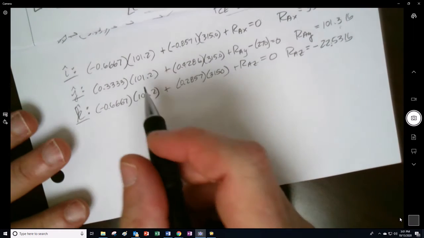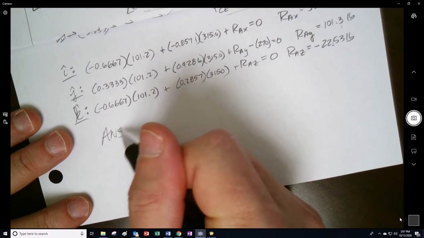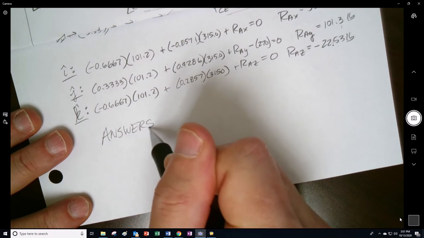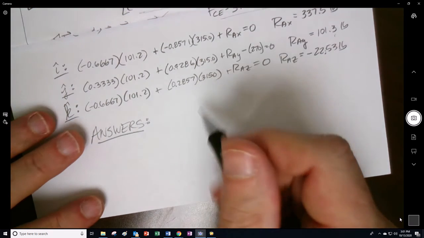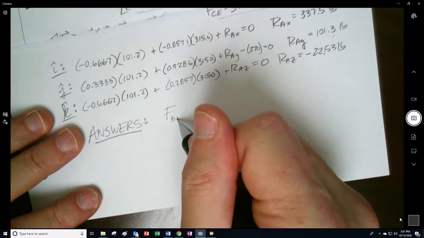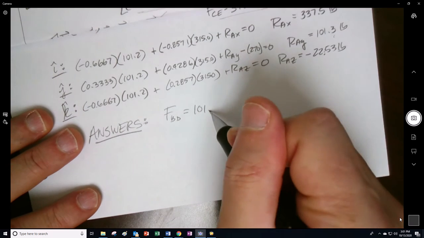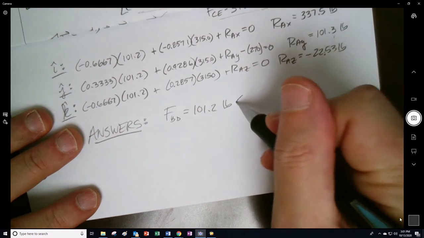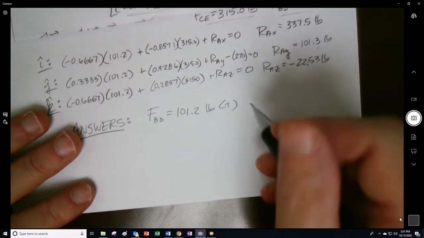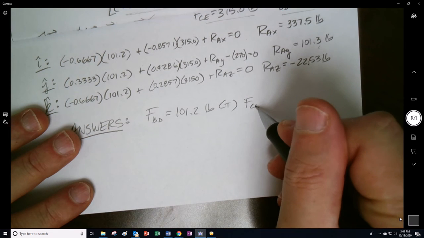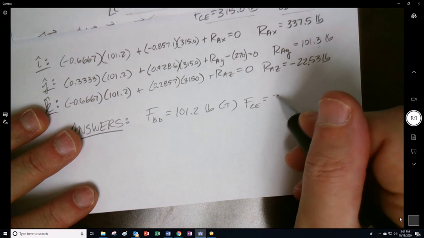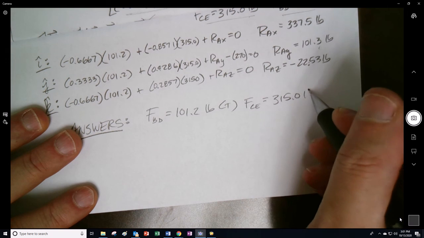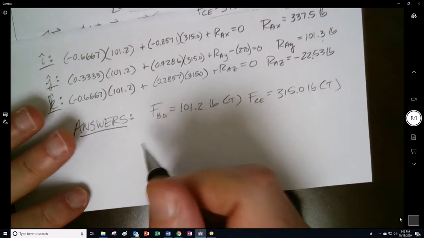So the answers are FBD is equal to 101.2 pounds. And tension, it's a good thing to write in here. FCE is 315 pounds tension.